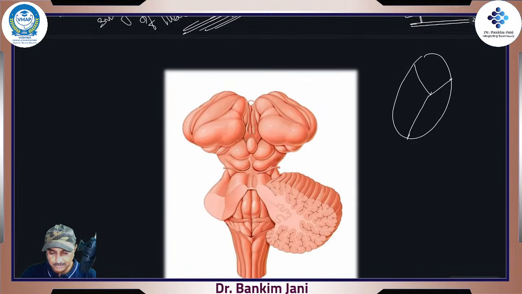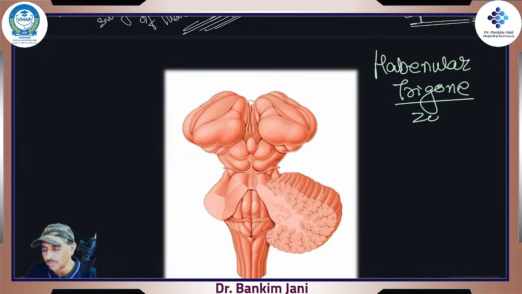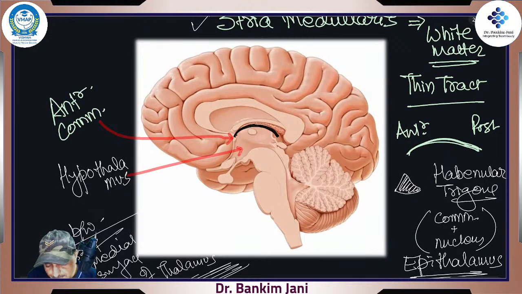Now we need to see this habenular part, right? Where exactly is this habenular zone, or habenular trigone? This habenular zone is near the pineal gland, right? In this we have seen this is the pineal gland, correct?